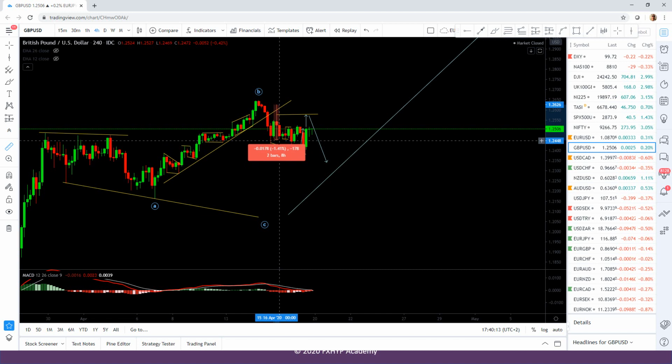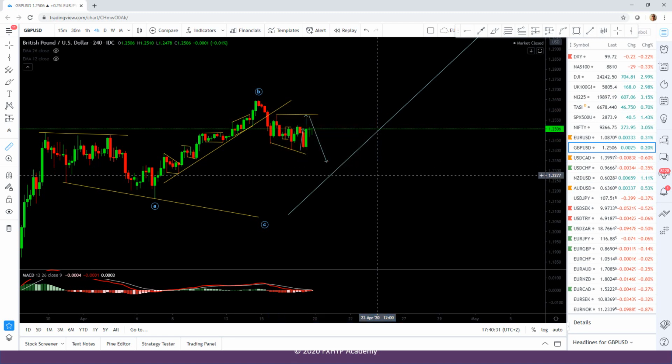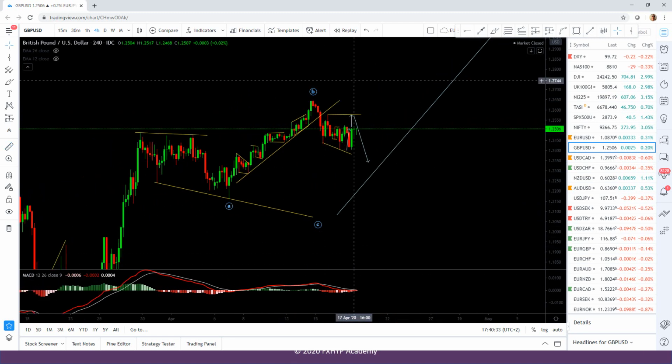How many pips? About 180 pips, right? At the minimum, 180 pips. We would expect, as per our analysis, to get 280 out of this move. And this is only in one chart, in one movement.